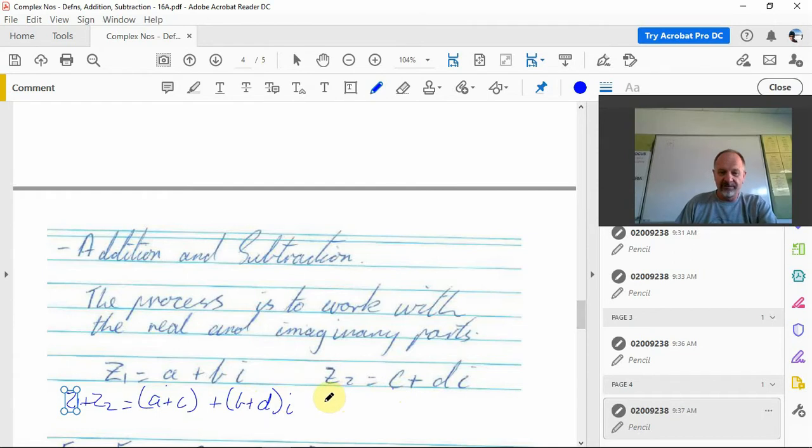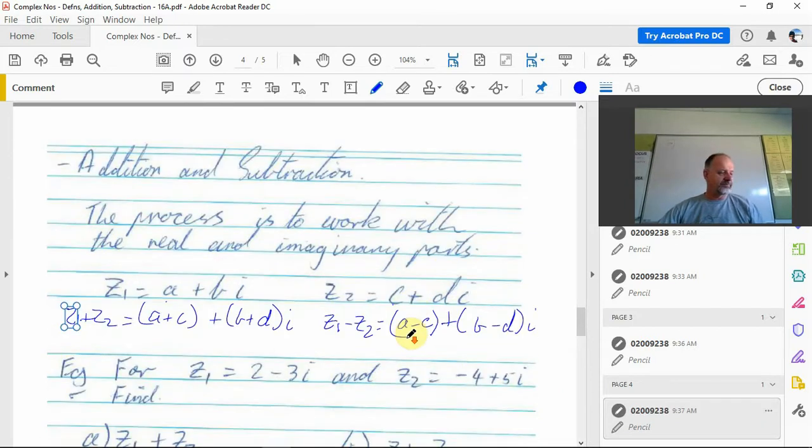And if we've got z1 minus z2, then we would subtract a minus c, subtract our imaginary part of z2, I should be saying. So b minus d i.